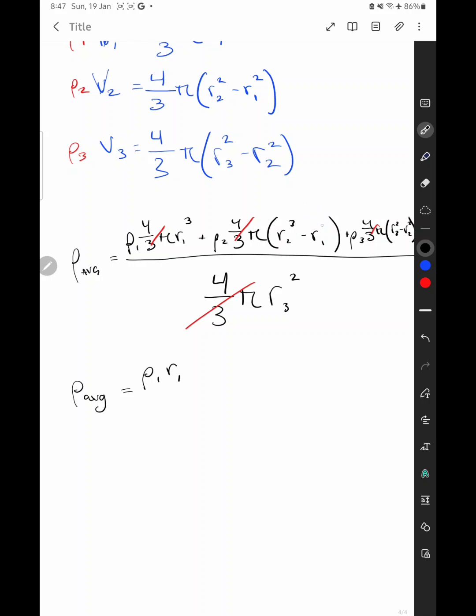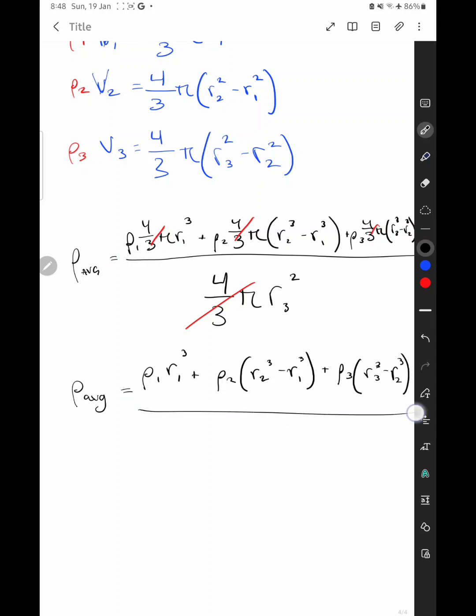But if you're following along with the video, it shouldn't be too bad of a mistake to figure out, because we're talking about volume here, the volume of the sphere, right? So rho 1 r1 cubed plus rho 2 r2 cubed minus r1 cubed plus rho 3 r3 cubed minus r2 cubed, divided by r3 cubed.